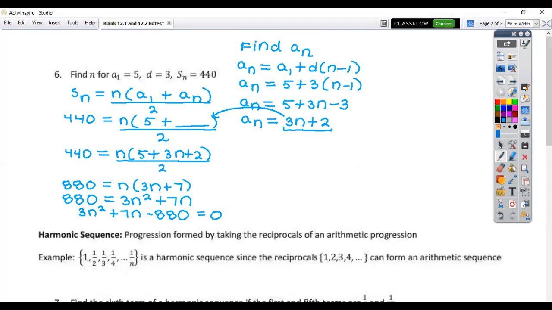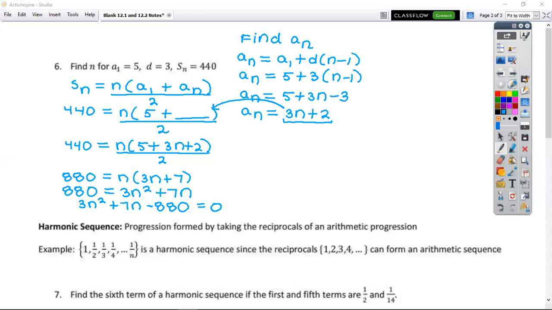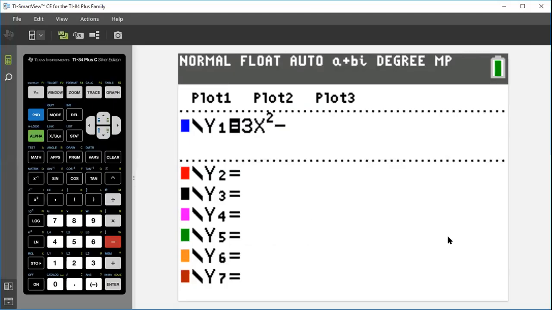So I think you have a homework one that works like this too. And you're going to type in 3x squared plus 7x and minus 880.